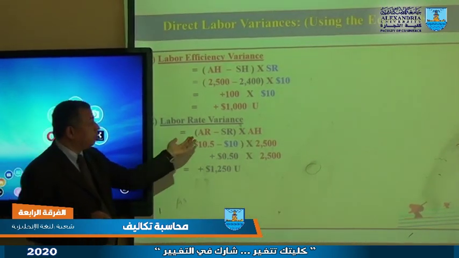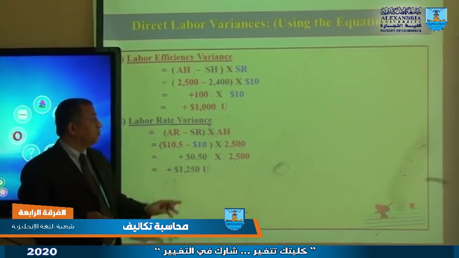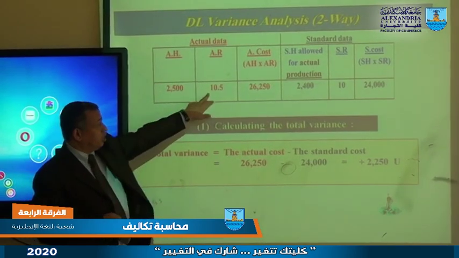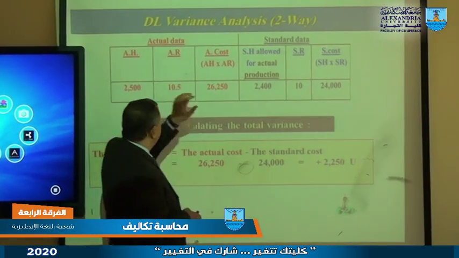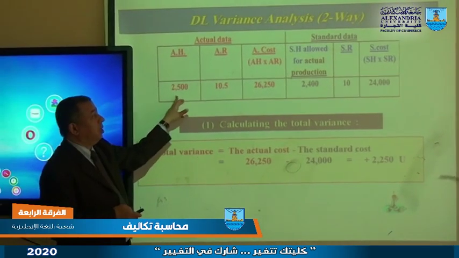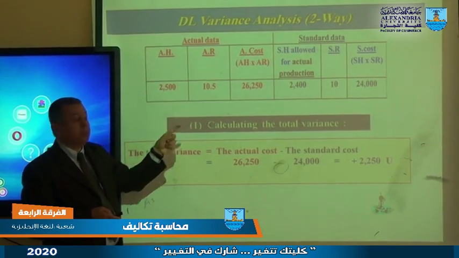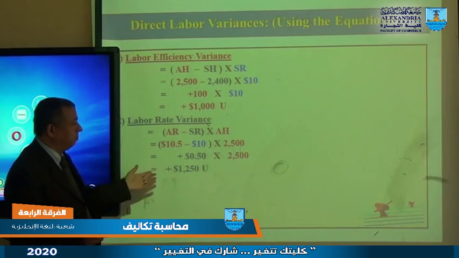The rate is the difference between actual rate and standard rate times actual hours. Again, actual rate, standard rate, and here I have actual hours. Again, if you have correct amounts, you will get correct variances without any problem. Okay?